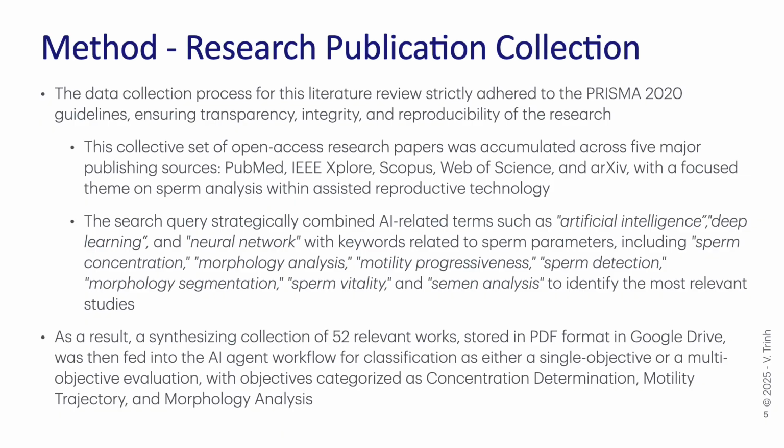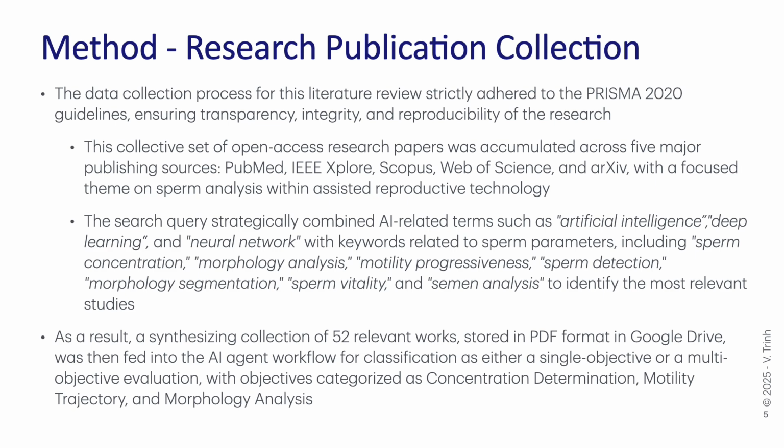The search query strategically combined AI-related terms such as artificial intelligence, deep learning, and neural network with keywords related to sperm parameters, including sperm concentration, morphology analysis, motility progressiveness, sperm detection, morphology segmentation, sperm vitality, and semen analysis, to identify the most relevant studies.